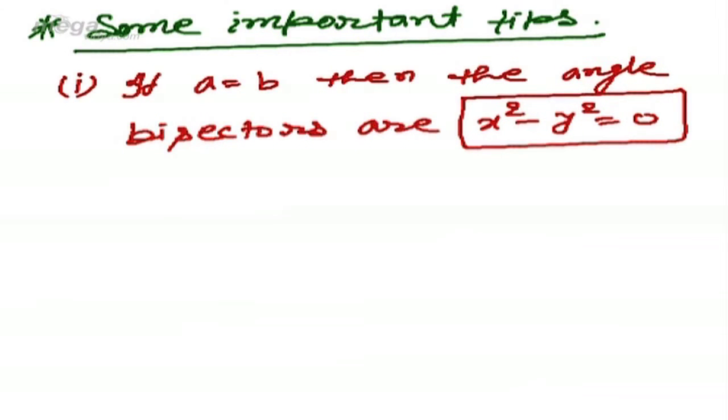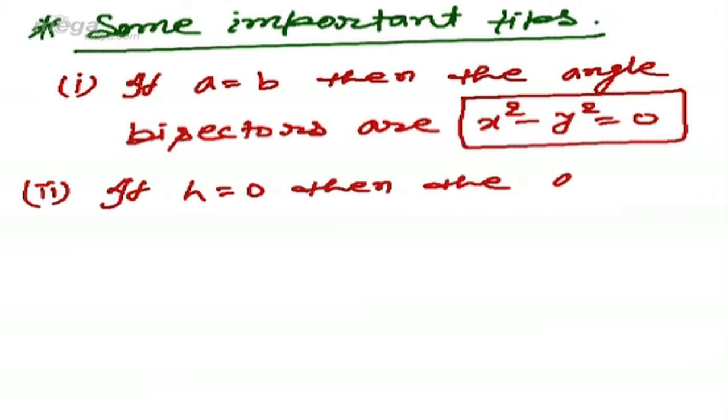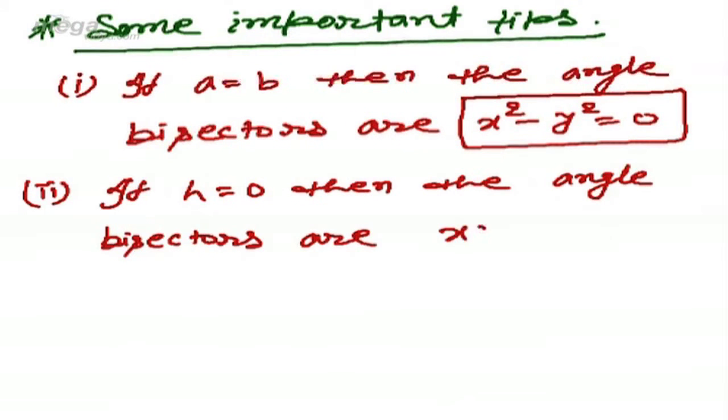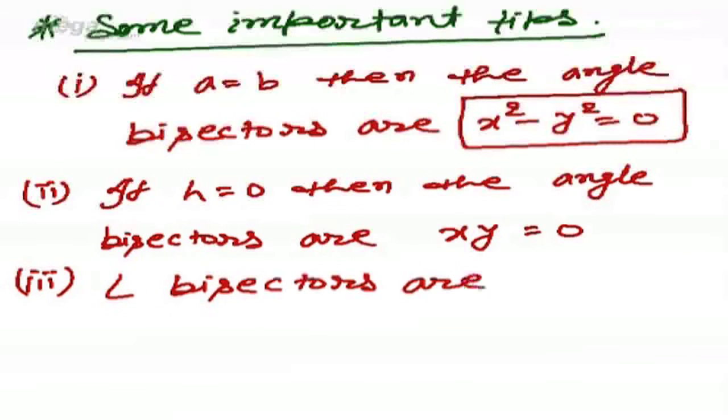Now, if h is equal to 0, then the angle bisectors are xy is equal to 0. It means the x-axis and the y-axis are the angle bisectors of the pair of given straight lines. Angle bisectors are always perpendicular to each other.